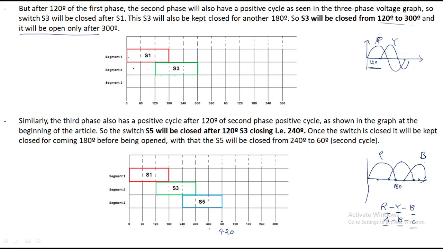So for every completion of the cycle you have to take 0, 60, 120, 180, 240, 300 like that. Understand? So we have to turn on like this.